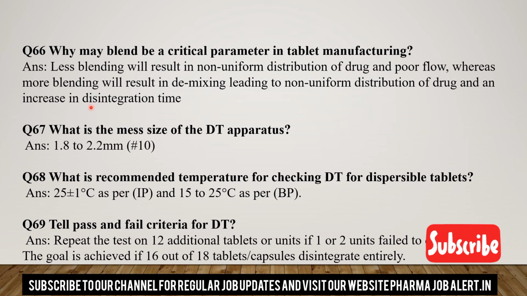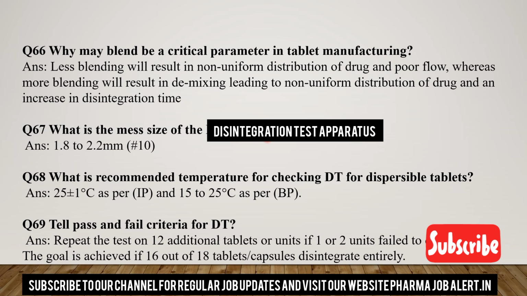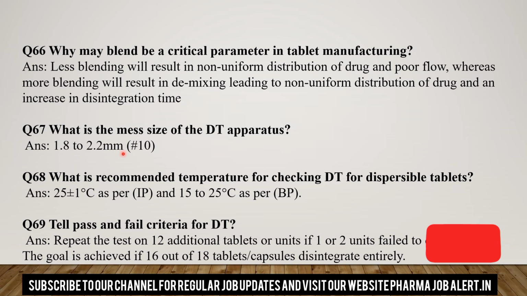Friends, what is the mesh size of the disintegration test apparatus? It is 1.8 to 2.2 mm. Please remember this. The recommended temperature for the disintegration test for dispersible tablets is 25 plus or minus 1 degree Celsius as per IP and 15 to 25 degrees Celsius as per BP.